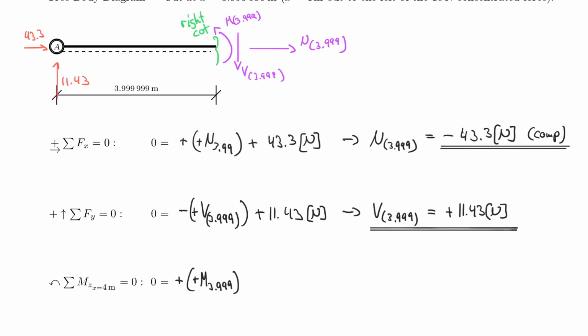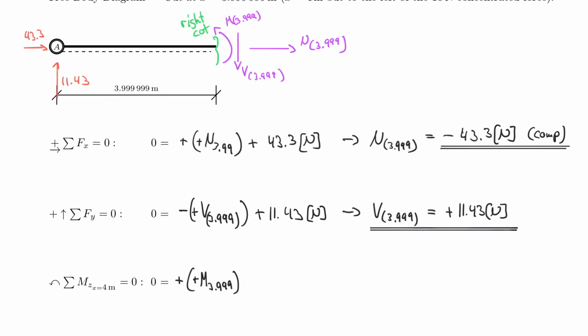All right, so now what do I have to do? I have to rotate about this point, right? Remember when you found the moment for your support reaction of a cantilever, you took the moment about this point. And so I do the same thing here now with my 11.43 times its lever arm.